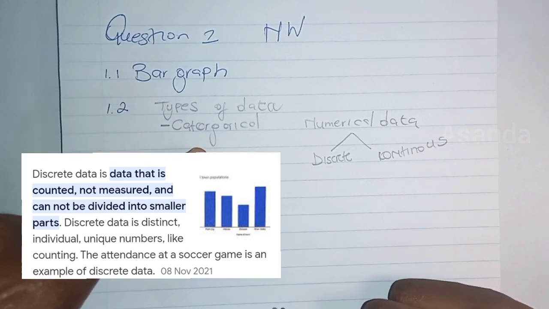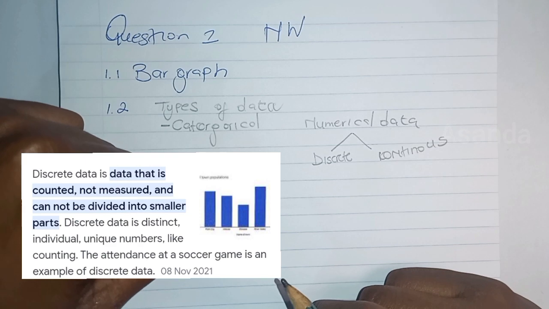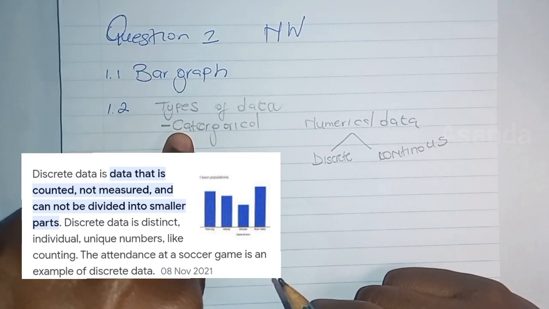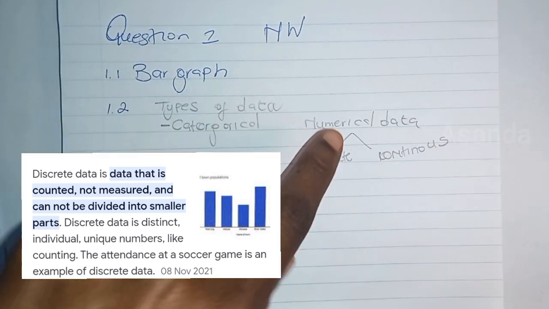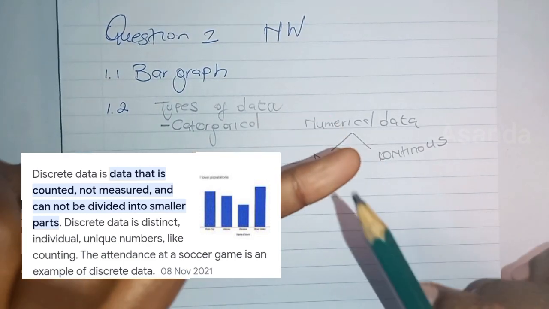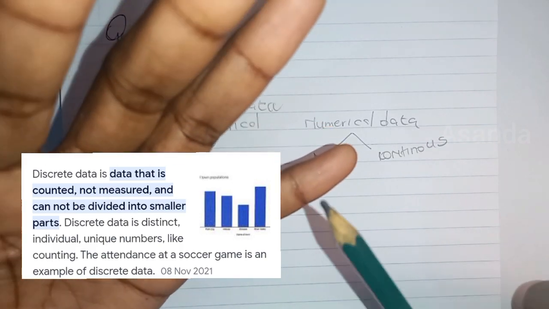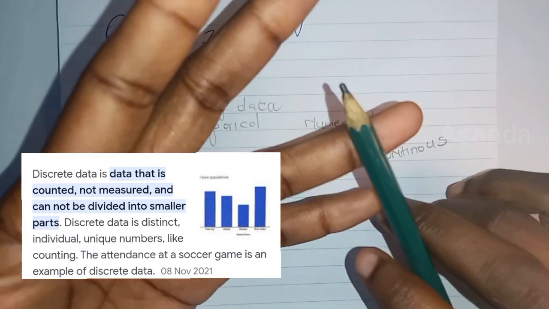Right? So from a categorical, it's where you get groups like color, types of cars, right? And then we have numerical data, where numerical data is things that can be counted and things that can be measured.